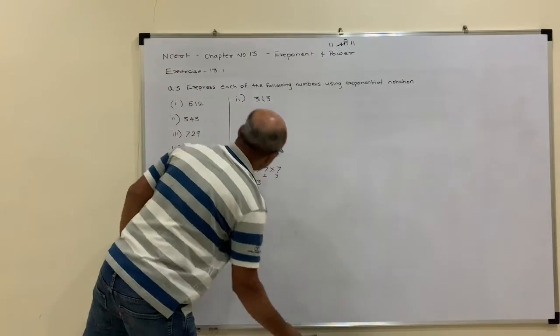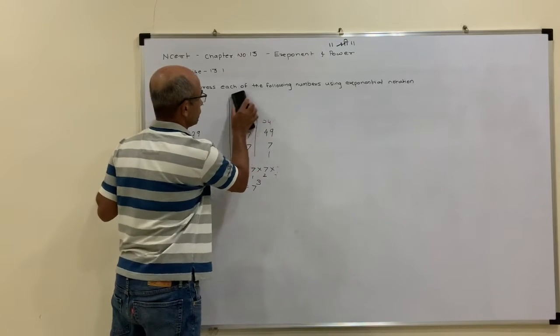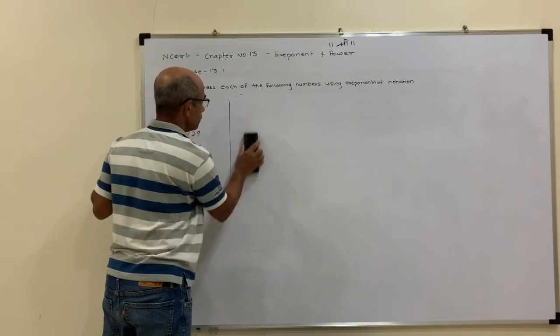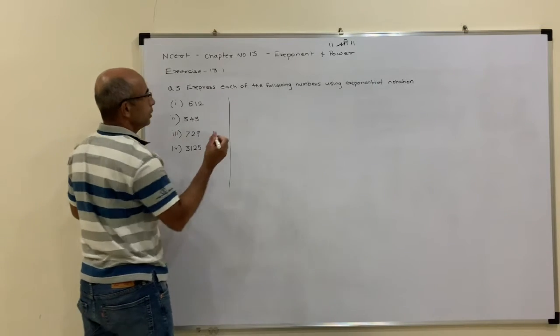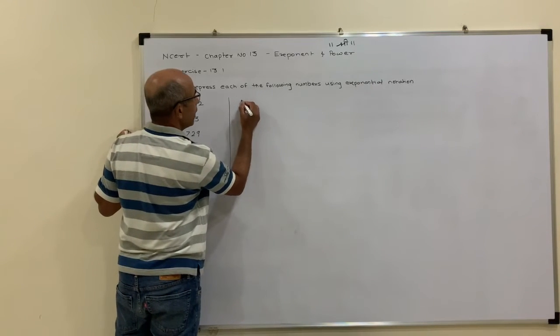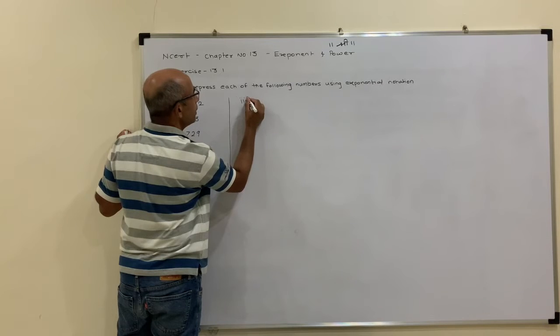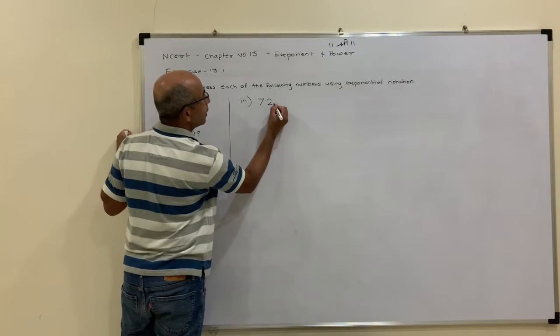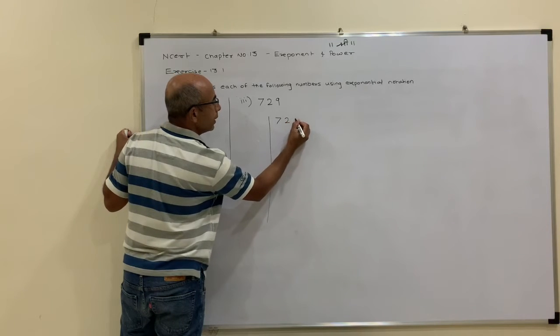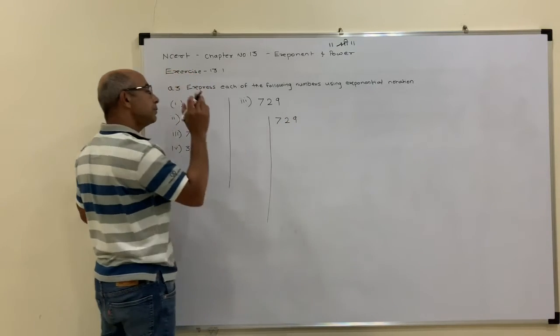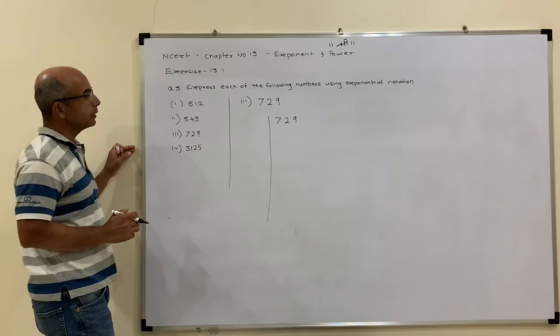Now let's move on to the third one, 729. It cannot be divided by 2, since it's an odd number.